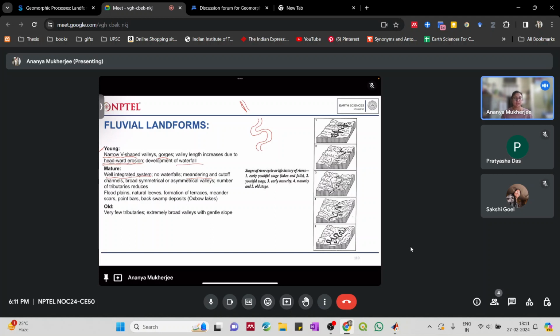Meandering river channels are very much a signature of the mature stage of river systems.